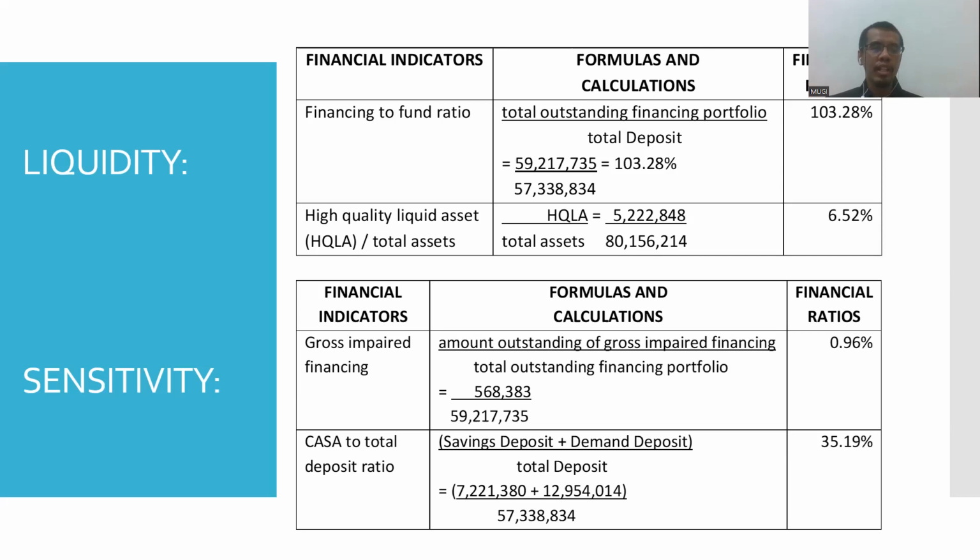The last model in CAMELS is the sensitivity ratio. There are two ratios that represent this sensitivity ratio. The first one is gross impaired financing. The formula is the amount outstanding of gross impaired financing divided by the total outstanding financing portfolio.